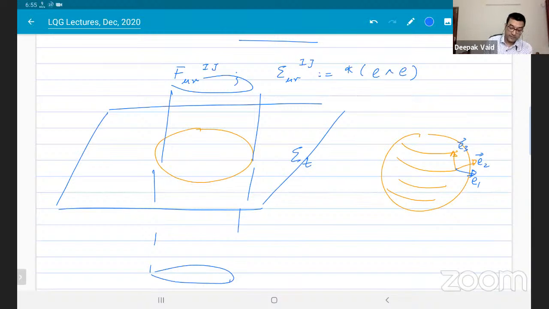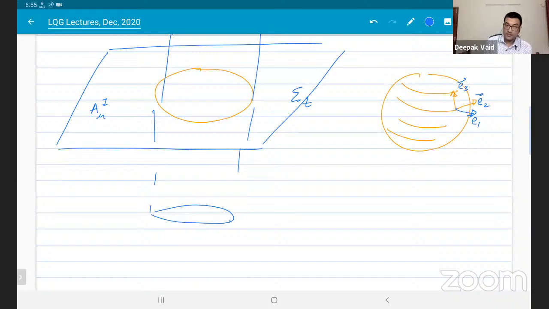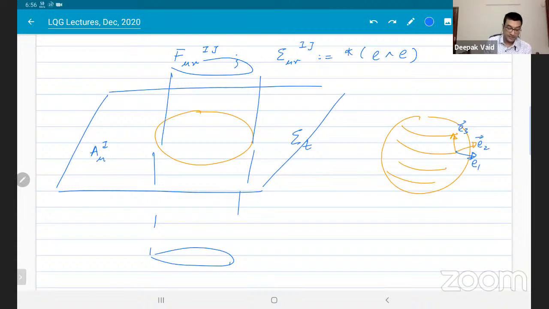All right. So now what happens? Similarly, you have some gauge connection in the bulk. This gauge connection can also be restricted to the boundary, pulled back to the boundary. In the full four-dimensional bulk, it's some A_mu^I.